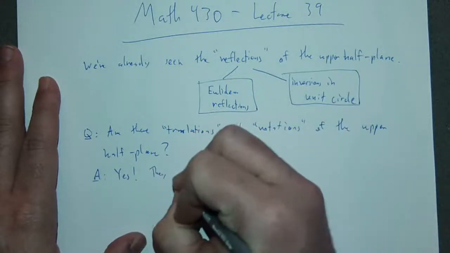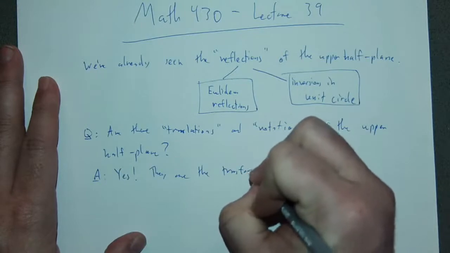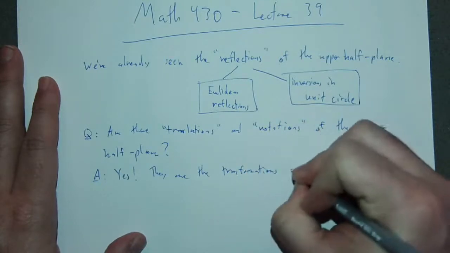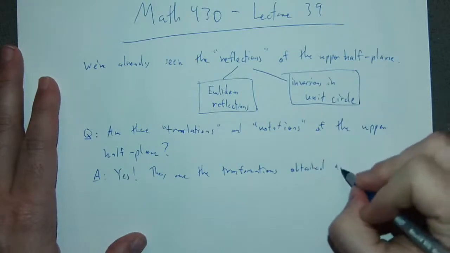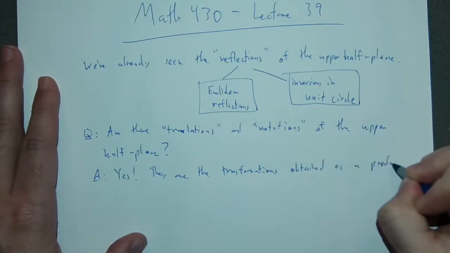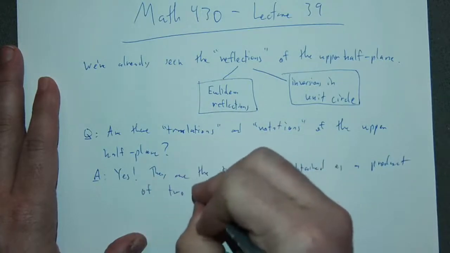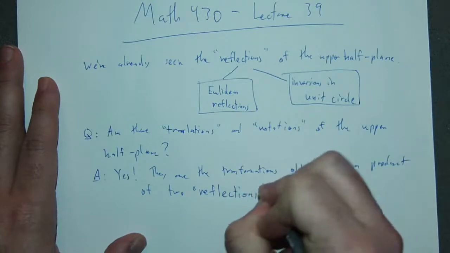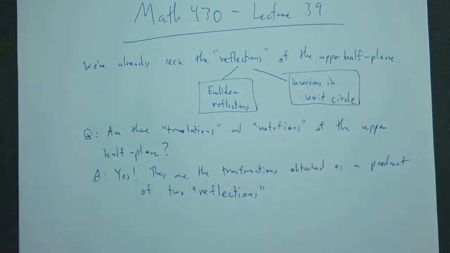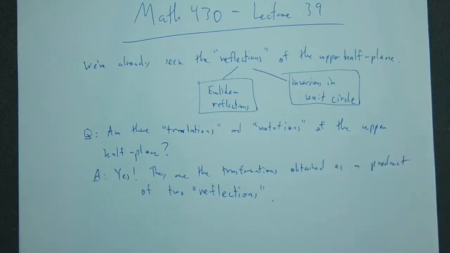Yes, they are the transformations obtained as a product of two reflections. Of course, instead of being two Euclidean reflections, they're two non-Euclidean reflections. Okay. Now, there are two cases here, right?